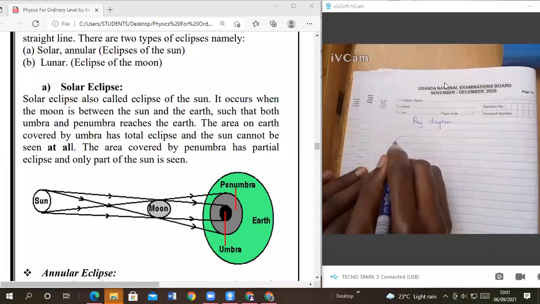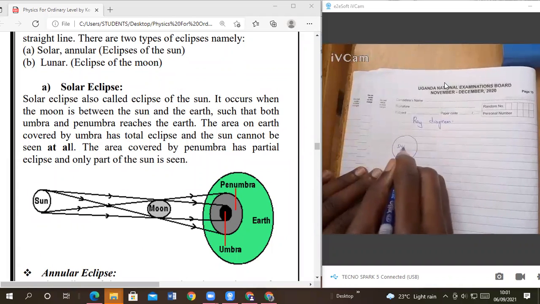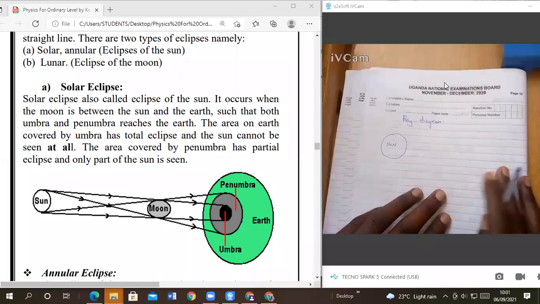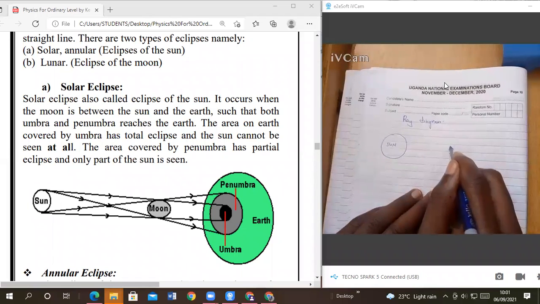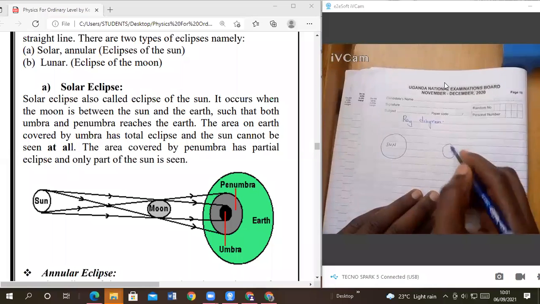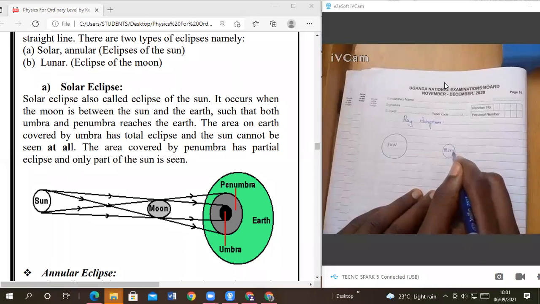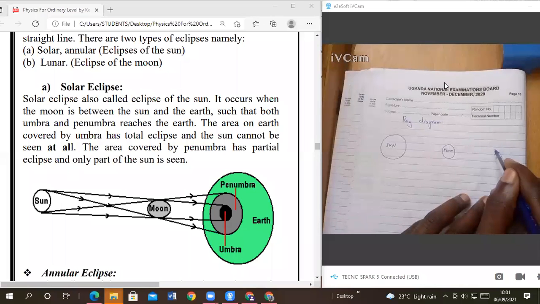We have the sun. That is the sun. Then we shall have the moon. Remember, the moon is small. Please take note of that. So this is the moon. Then we have the earth there.